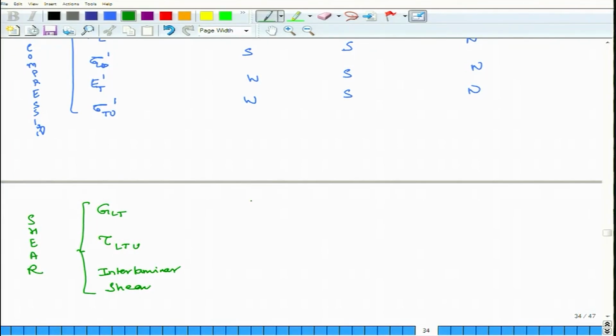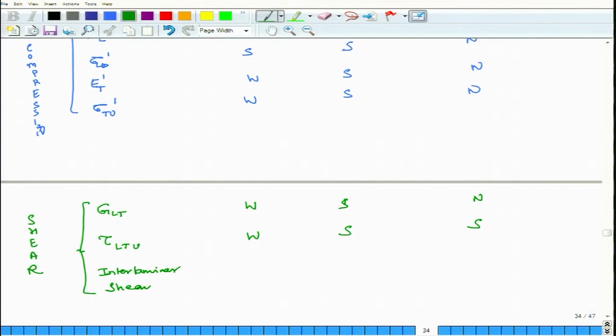So, in this case the role of fiber is not that high for GLT, okay, because most of the shear is resisted by the matrix. So, this has a strong role and negligible role of the interface. Weak role of fiber, strong role of matrix and a strong role of interface, because if the interface is not strong then everything will slide over each other, okay.